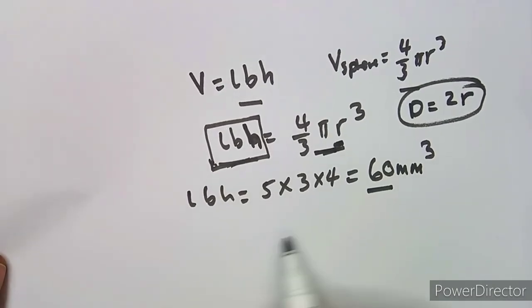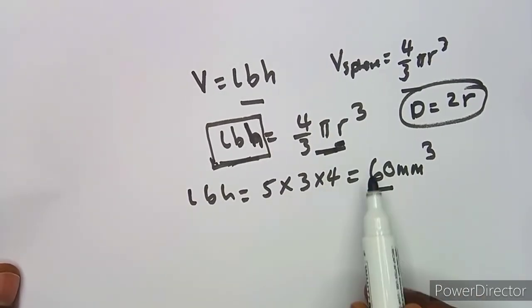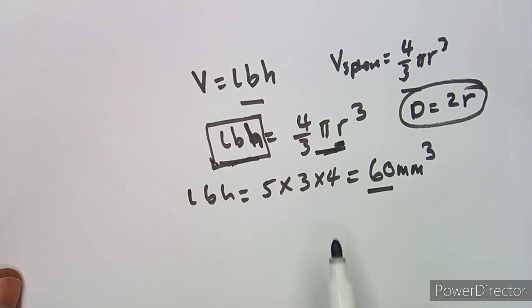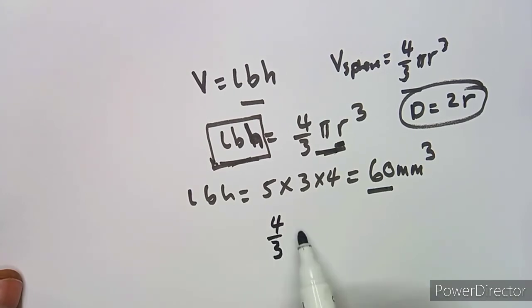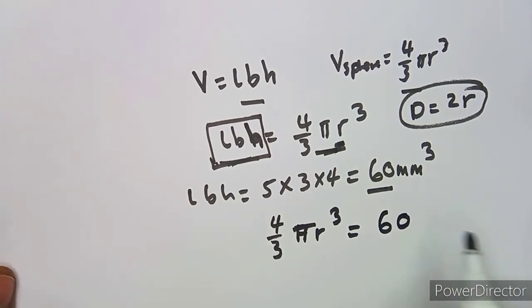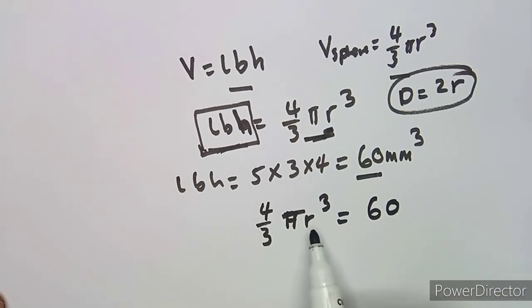So the volume of the sphere is equal to the volume of the rectangular box, which is 60. So 4 over 3 pi r cubed is equal to 60. We are going to calculate r, then the diameter, and take note our answer is going to be in millimeters also.